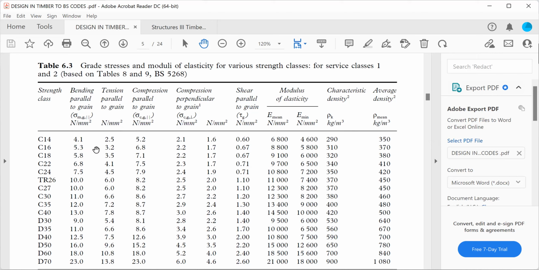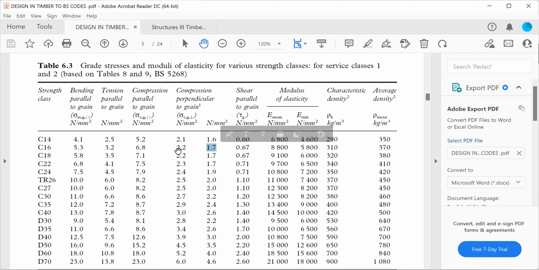Then I'll go to another value, compression perpendicular to the grain. We have two values: 2.2 Newton per millimeter squared and 1.7 Newton per millimeter squared. Because the question doesn't tell us whether wane has been prevented, we have to use the smaller value.